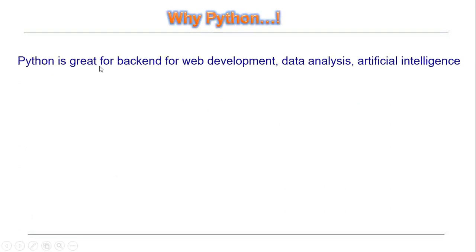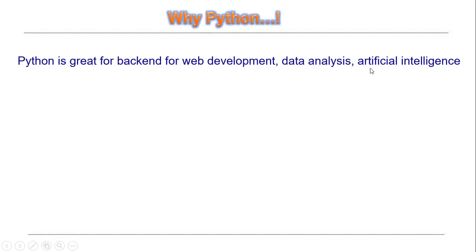One more important thing here: Python is a great backend for web development also. We have web development features for developing any kind of API applications, for clients or applications also. It also has huge libraries, which we can use for exploring the data, which is data analysis.